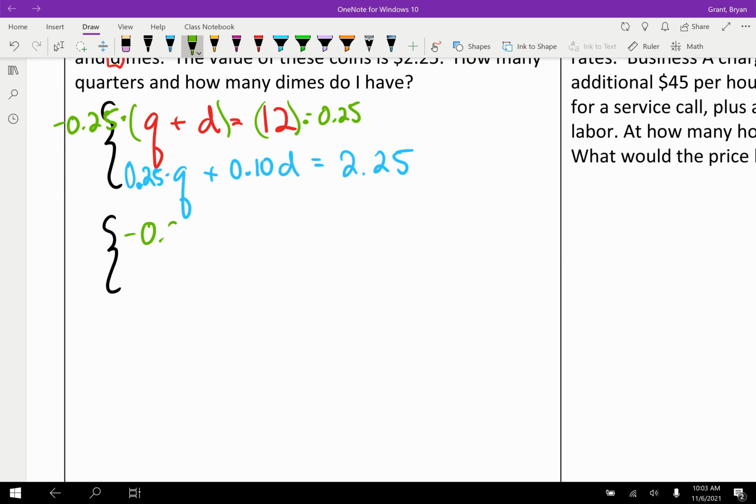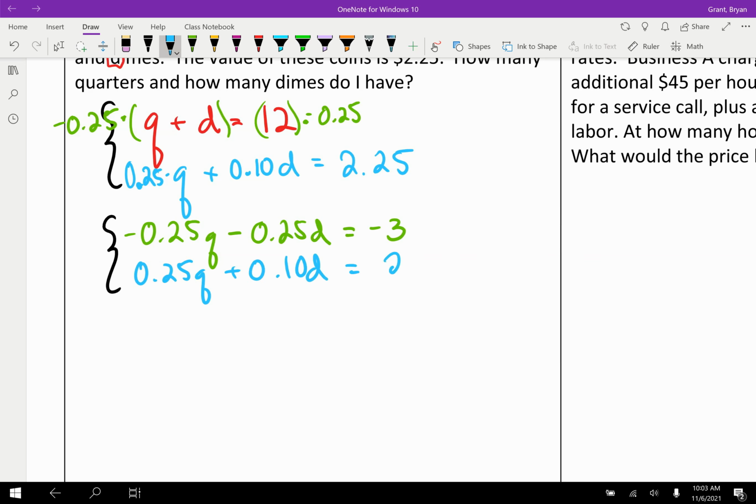This will give us a negative 0.25q minus 0.25d equals, and let's see, a quarter of 12 is going to give us negative 3. And then the bottom equation hasn't changed at all. But now I'm just going to be a little bit more careful about lining up my variables here. We'll see what we can come up with.